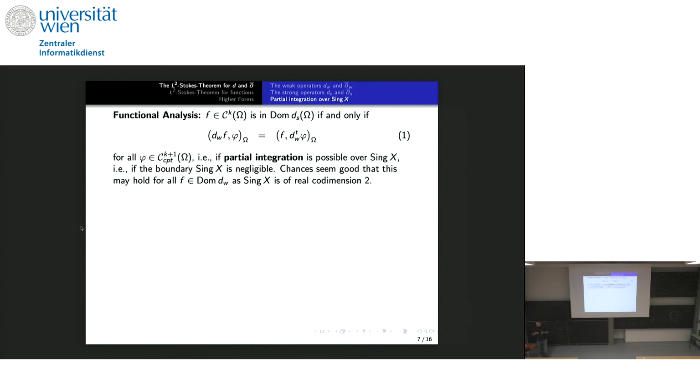If you can approximate it by stuff with support away from the singular set, then you can make partial integration by the procedure I just explained. The other way around, it's more or less inside the definition of these operators and by the dualities. So you also get the other direction if you have partial integration. Then by definition, you get that something is in the domain of the strong operator.